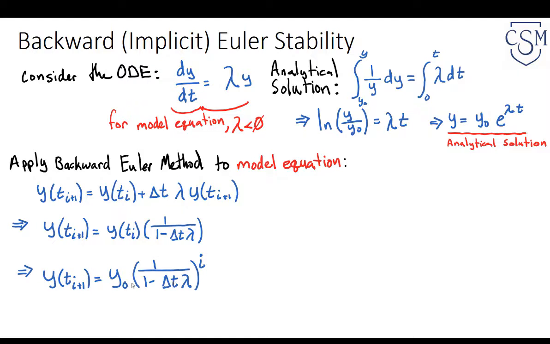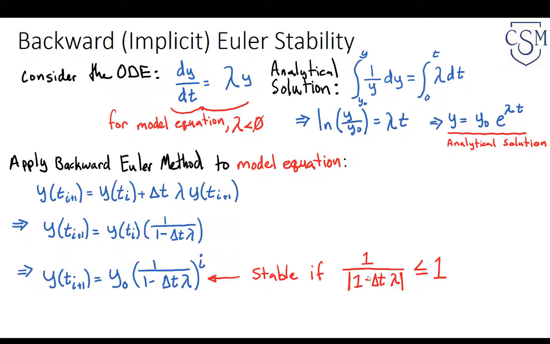What we see now is, since delta t lambda appears on the bottom and lambda for our model equation is always less than 0, this is, no matter what term you have, always going to be less than 1. Therefore, this is going to be stable. So it's not going to be growing exponentially. Along with our equation that's decaying, our numerical solution will be decaying.